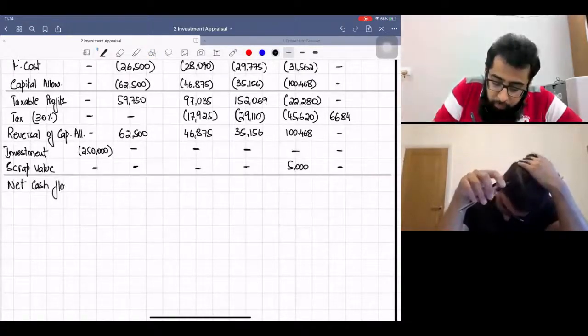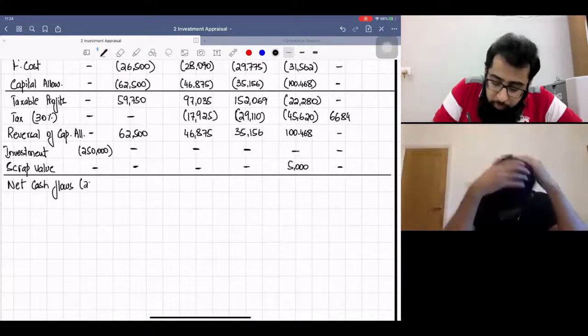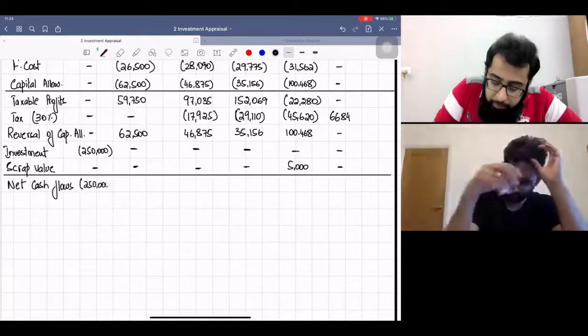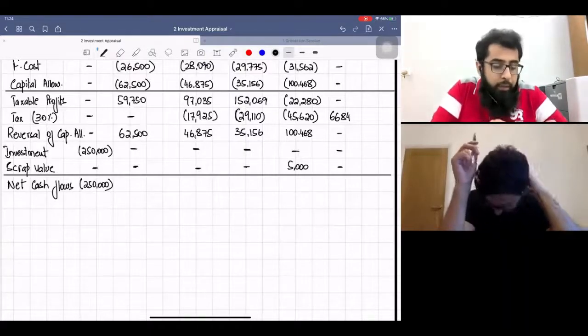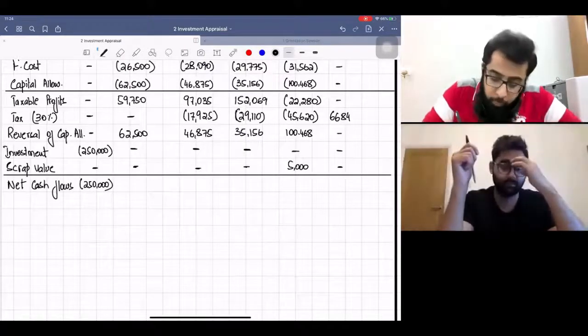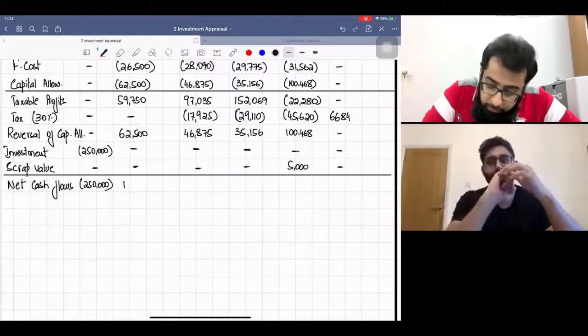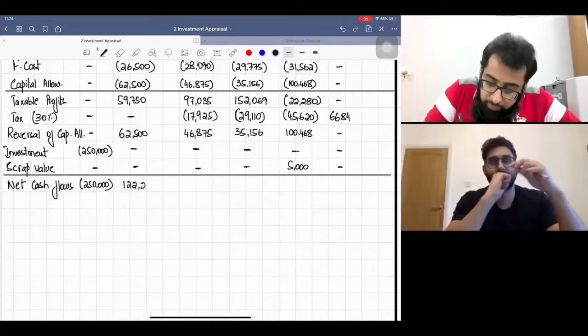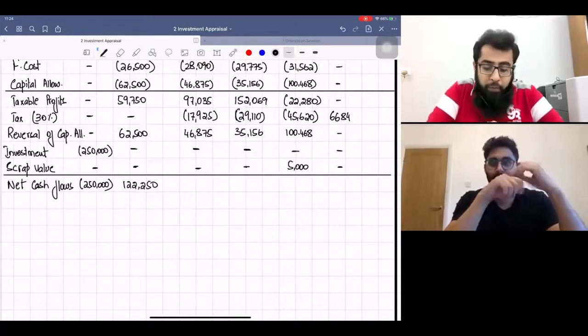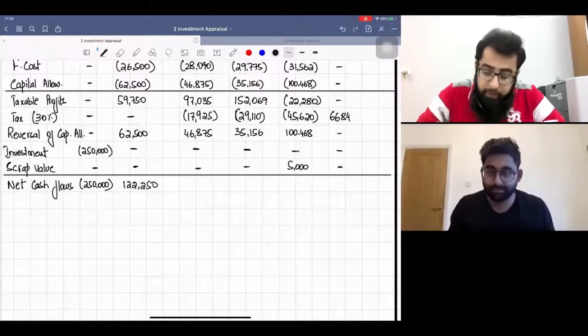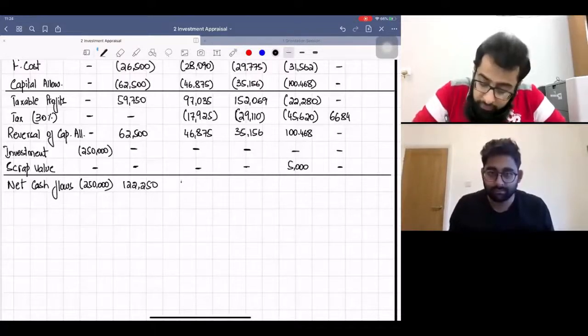So net cash flows of year 0 are negative 250,000. Then 59750 plus 62,500. So it's 122,250. Then 97035 minus 17925 plus 46875. So it's 125,985.